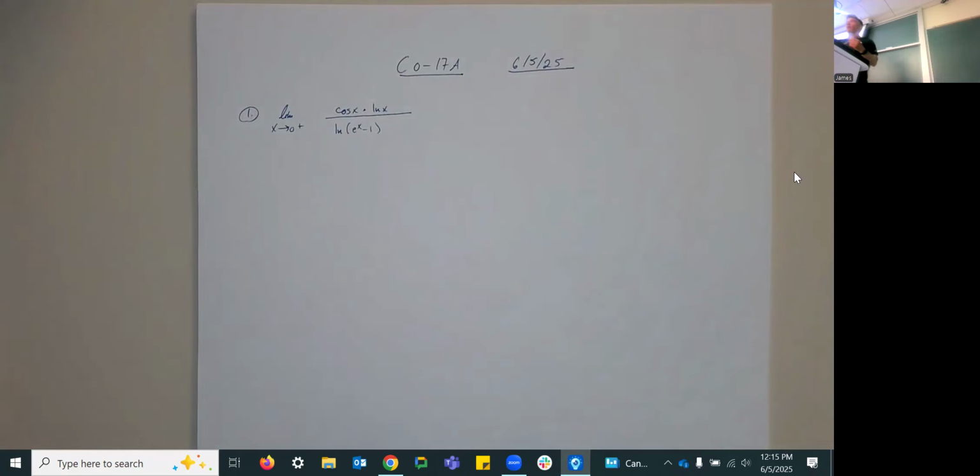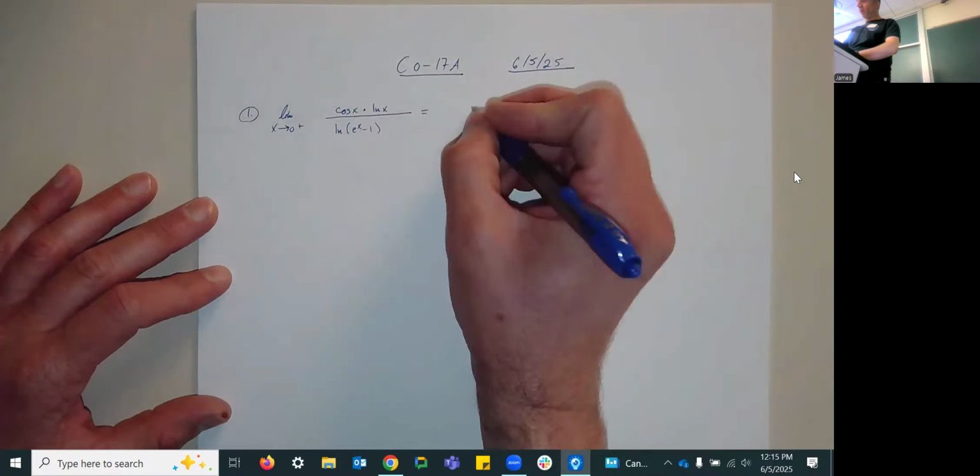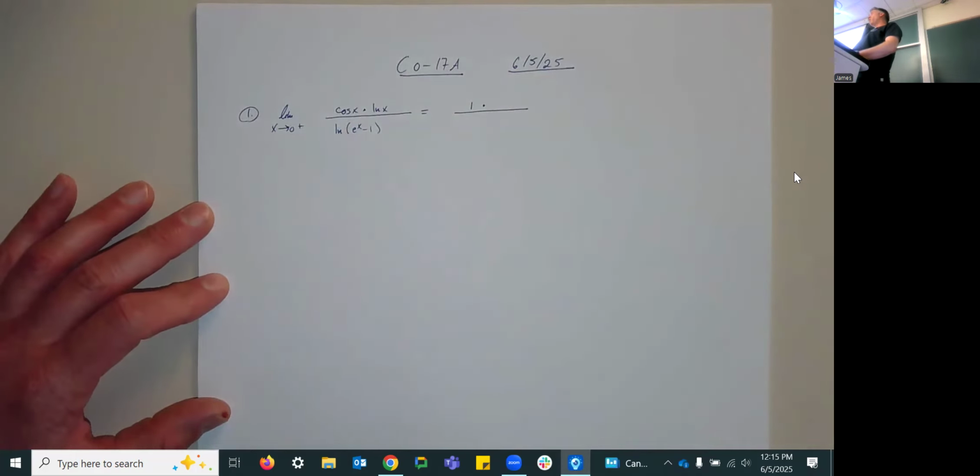Before we use L'Hopital's rule, even though they told us to, it's still a good idea to check that we can use it. If we plug in 0, we get cosine of 0, which is 1, times the natural log of 0.